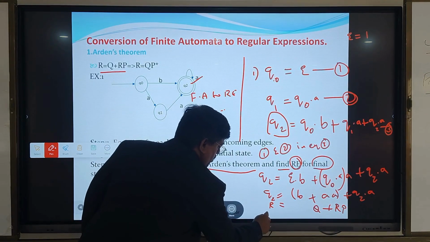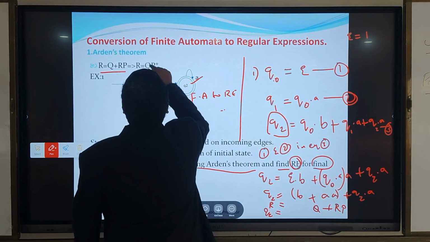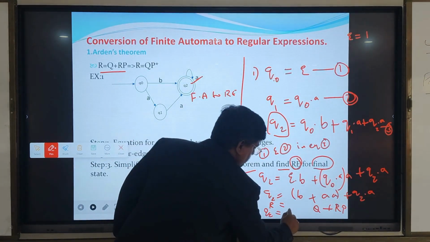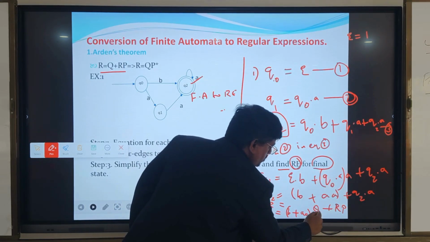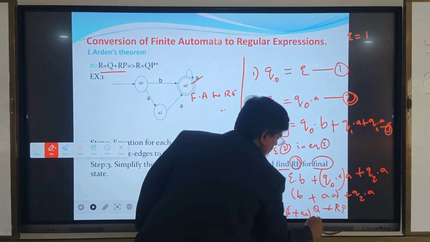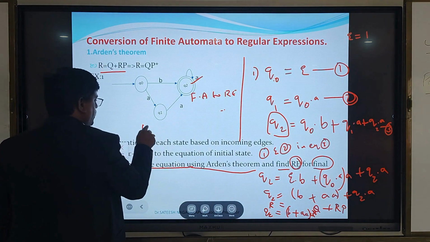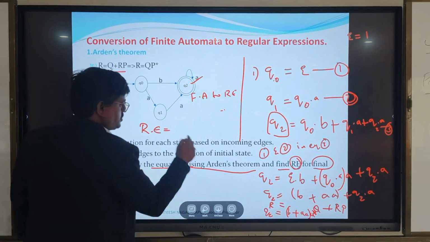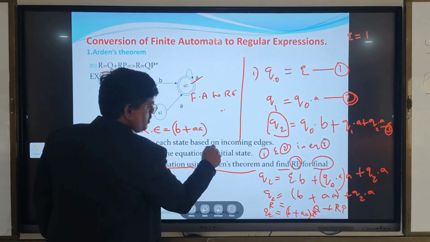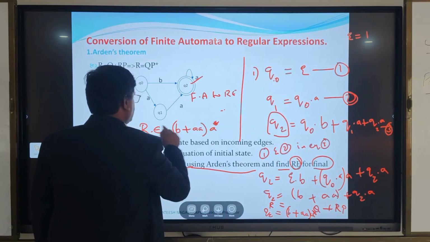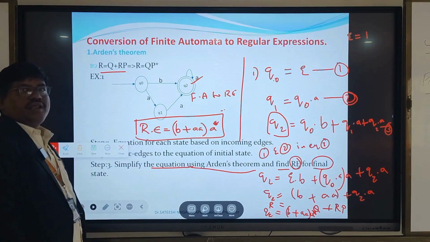Now you can write Q2 equals QP star. The Q value is B plus AA, and P star is A star. Now the regular expression for this statement, R equals B plus AA into A star. This is a simple way to convert a finite automata to a regular expression.